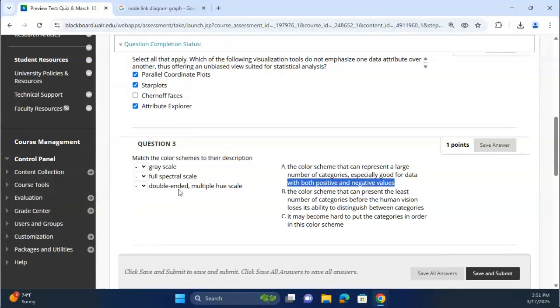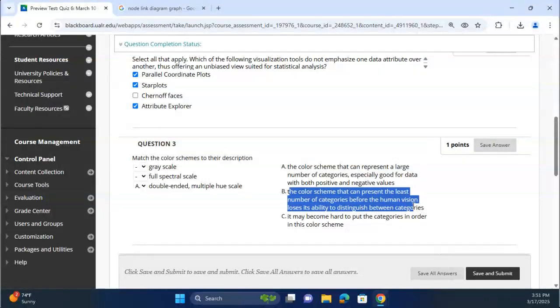It's something you would see on a map. The ocean is blue, and the land is green. It shows negative altitude versus positive altitude: below sea level, above sea level. So that's a double-ended multiple hue scale, and that's going to correspond to A.